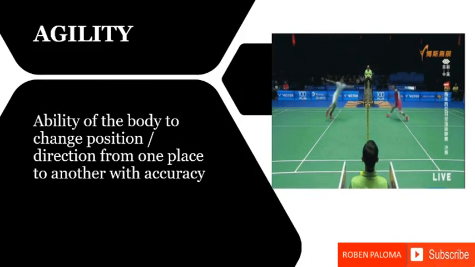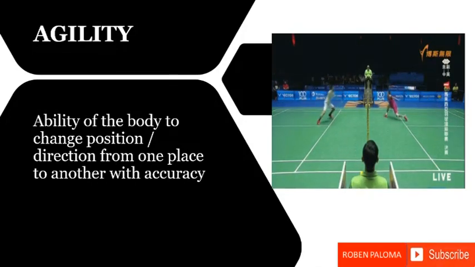There are a lot of sports that use agility, especially team sports like basketball, volleyball, soccer, football, and so forth. These sports use different movements because they need to transfer every now and then, because if not, they might lose their game.